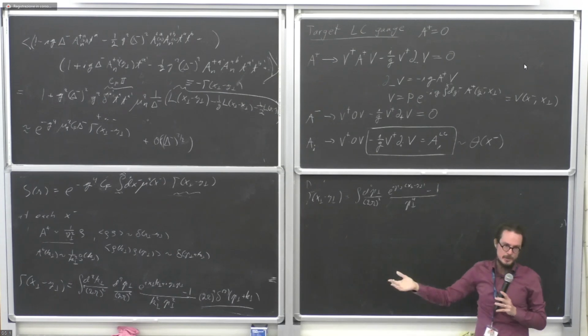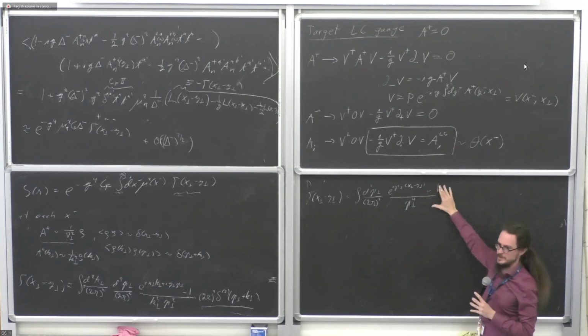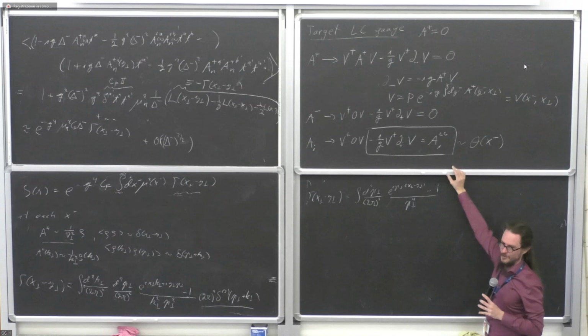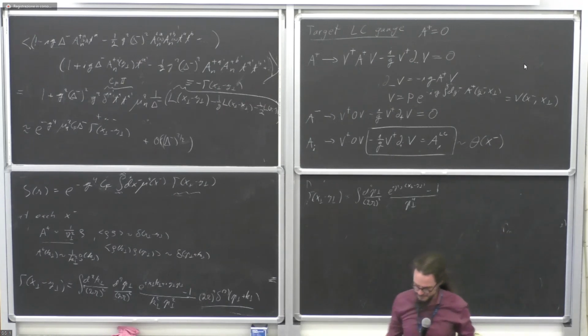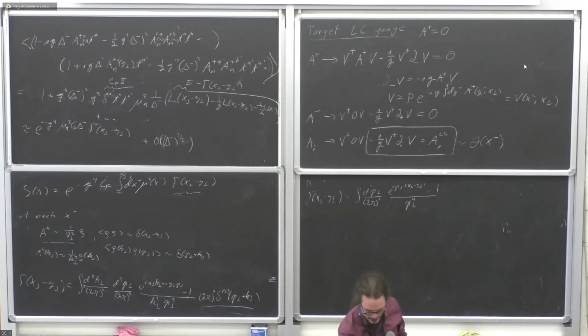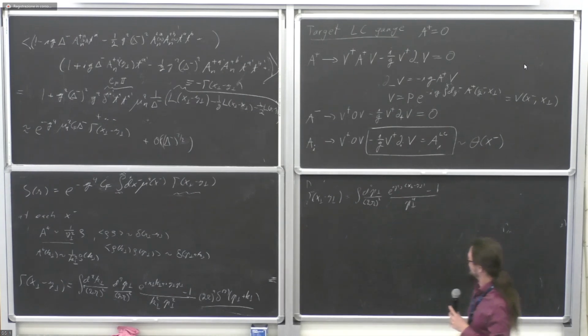And what's a log between friends? For theorists, a log is almost a constant. In some parts of particle physics, logs are enormously large, and in some places logs are just like a constant and don't really matter. Here, log is kind of like a constant that doesn't really matter.